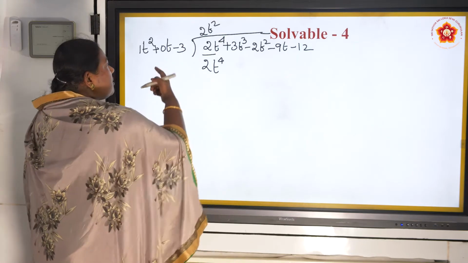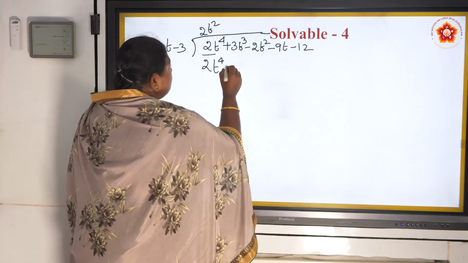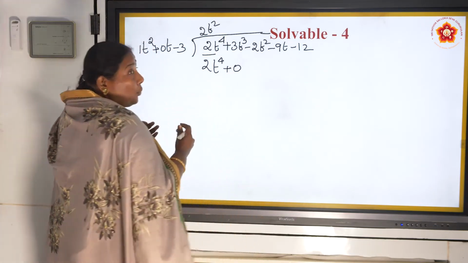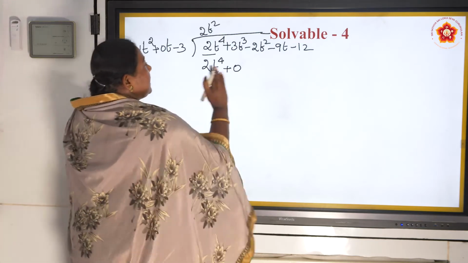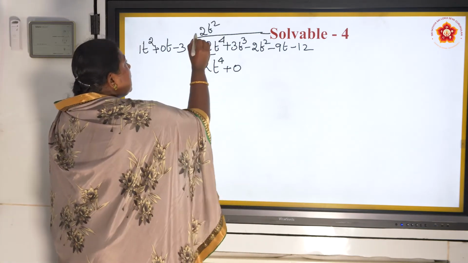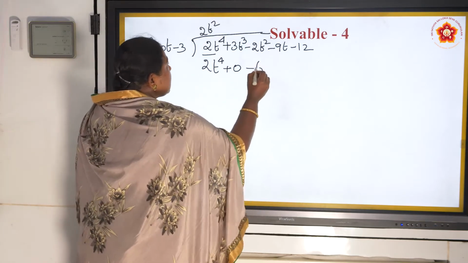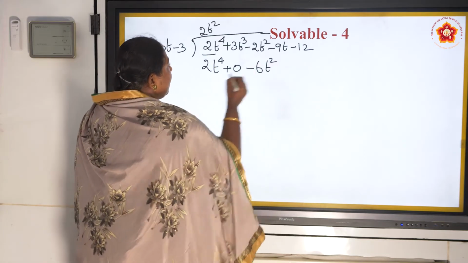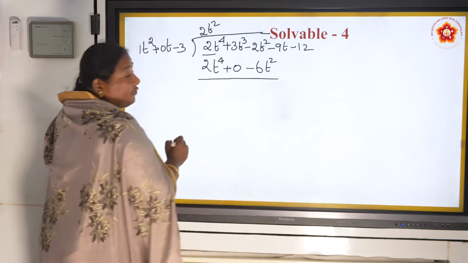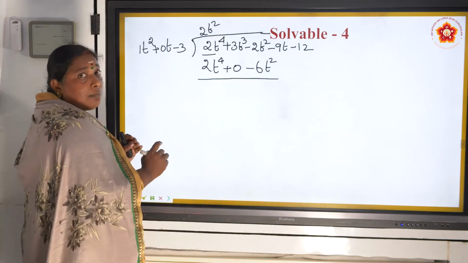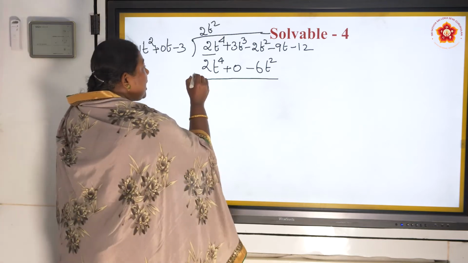Next, 2 into 0, I don't want any number because 2 into 0 is 0 only. So it's easy to do that. Plus into minus, minus 2 3s are 6t square. You know that for subtraction in algebra, first I have to change the symbol.